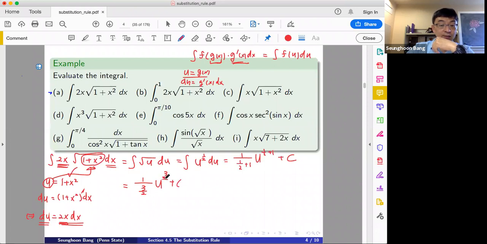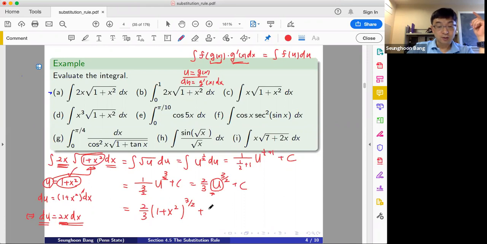Flip it, 2/3 u to the 3 over 2 plus c. This is not final, so change back. This u is exactly the same as here, 1 plus x squared. Plug it in: 2/3 times 1 plus x squared to the power 3 over 2, plus c.